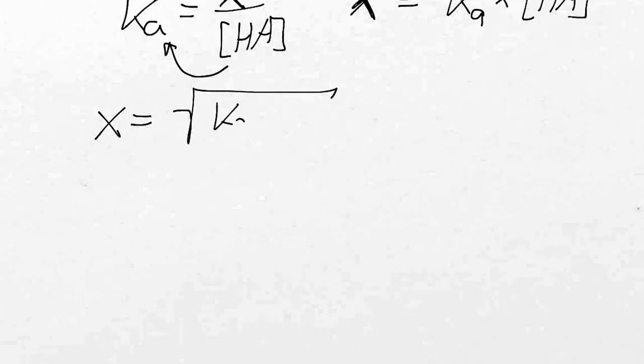It's the square root of Ka times HA. Would be nice. Usually I don't have Ka, I have pKa.